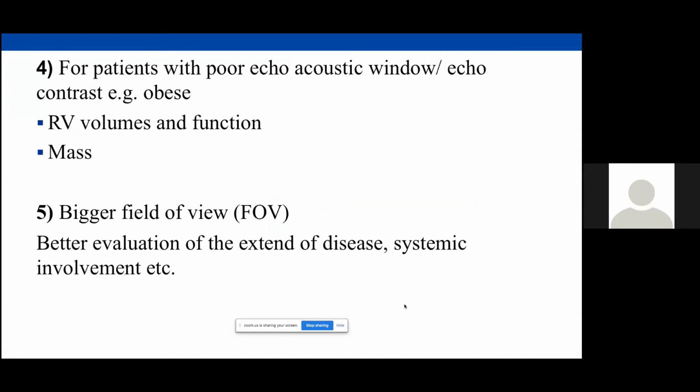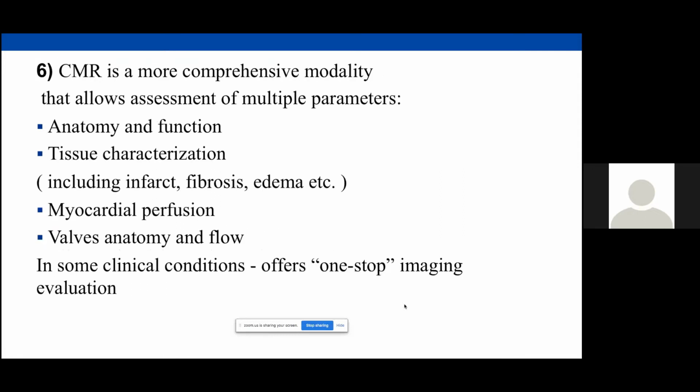Echocardiogram remains an indispensable cardiac imaging tool to us due to its lower cost and portability. But in some patients, the echo acoustic window is just poor, so cardiac MR would be good to solve problems in these scenarios. It has a bigger field of view, and it is a multi-parametric examination, so it allows complete comprehensive assessment of anatomy, function, tissue characterization, perfusion, and also valve anatomy and flow.